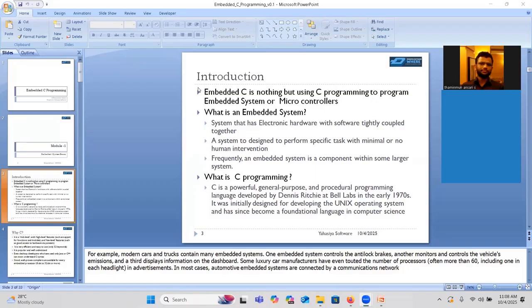Here is a simple example of an embedded system: electronic hardware with software tightly coupled together, which means there is no intermediary. There is no OS, no web server, no browser client.